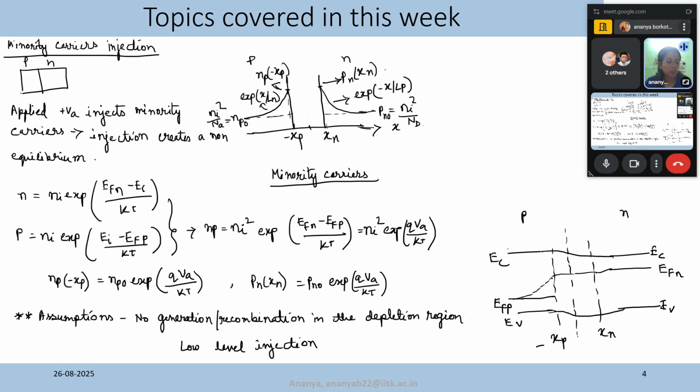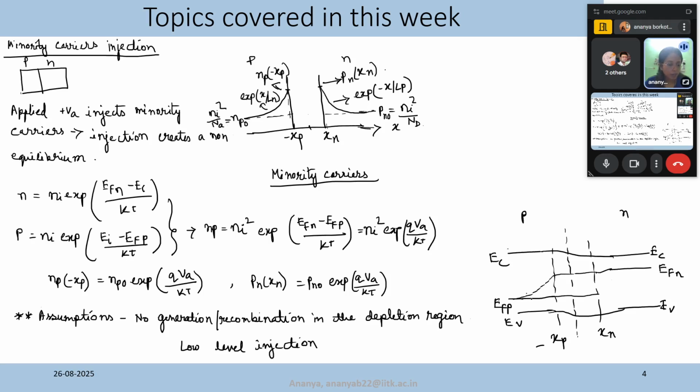So electrons are minority carriers here. The number of electrons is more, which is why the electron Fermi level in this region is close to EC, but overall it will come back to the equilibrium position, the same as the majority carrier Fermi level, that is EFn.